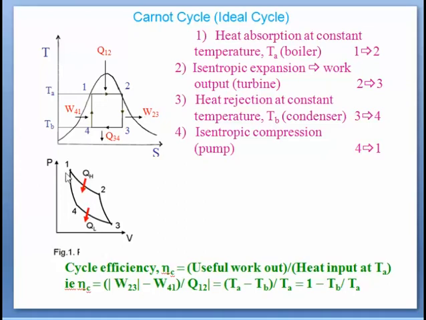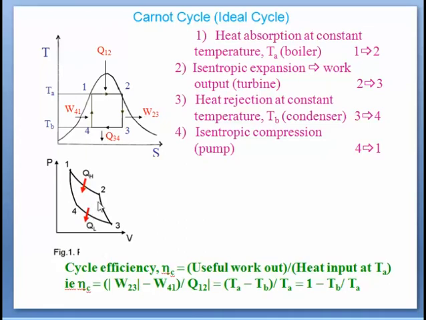So in this cycle, when we are seeing it on the PV diagram, 1 to 2 is isothermal heat addition, then 2 to 3 is isentropic expansion which takes place in the turbine. 1 to 2 is heat addition that takes place in the boiler. 3 to 4 is heat rejection, that is again an isothermal process.